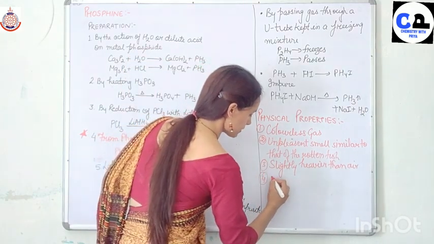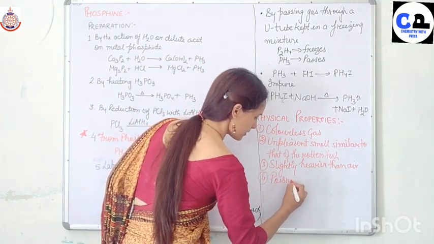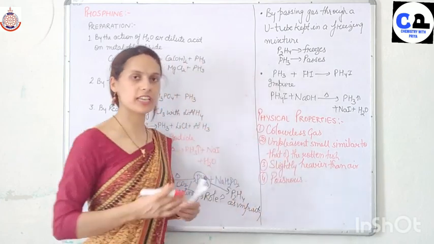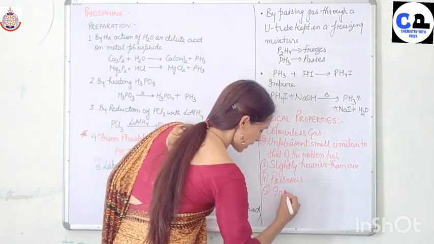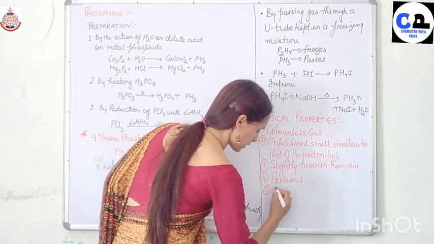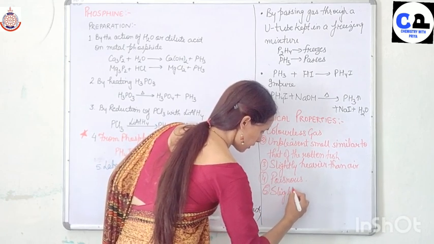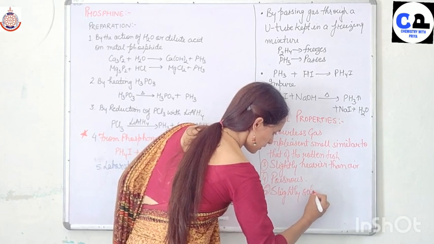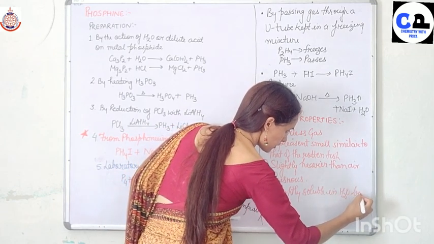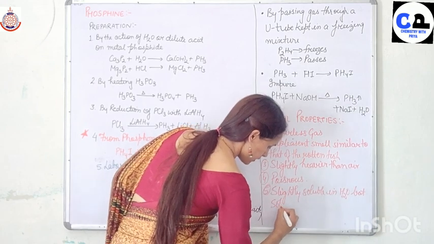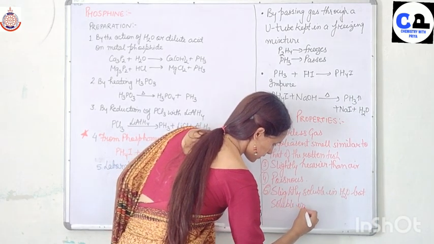Next property is it is poisonous. This gas, that is PH3, is poisonous. And the fifth property is slightly soluble in water, but soluble in CS2.